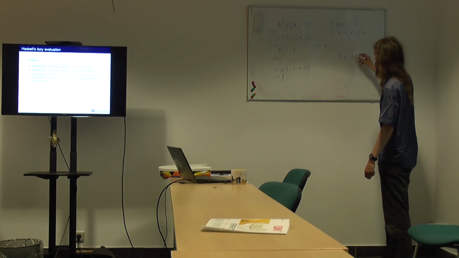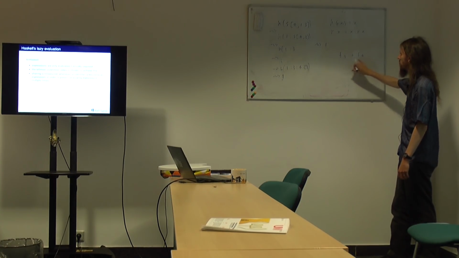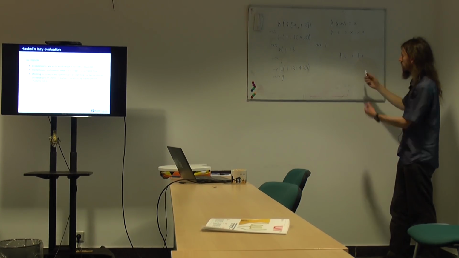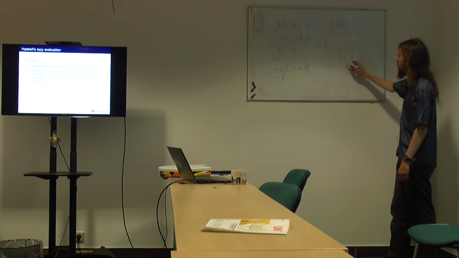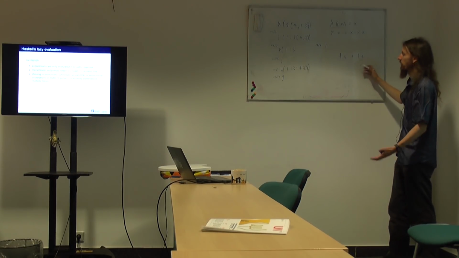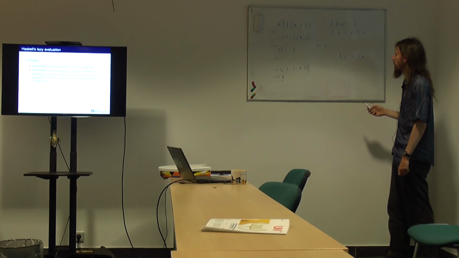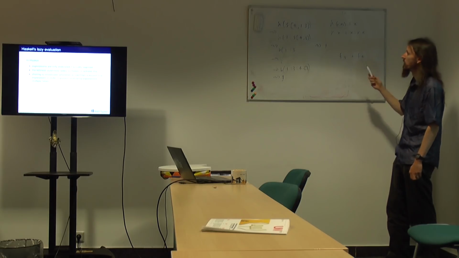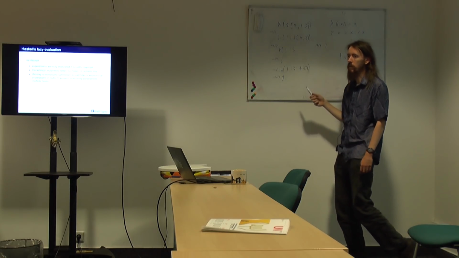Well, the outermost function application is this binary operator, but this is not a redex yet because plus needs both of its arguments to be in normal form first. So here's an example where you've got two redexes on the same level, and the answer is you pick the leftmost one. That's essentially an arbitrary choice. The important one is outermost, that we reduce the outermost redex first.